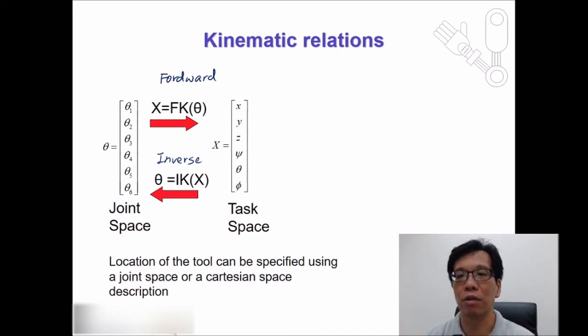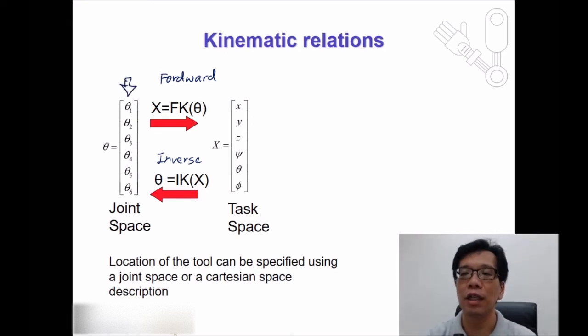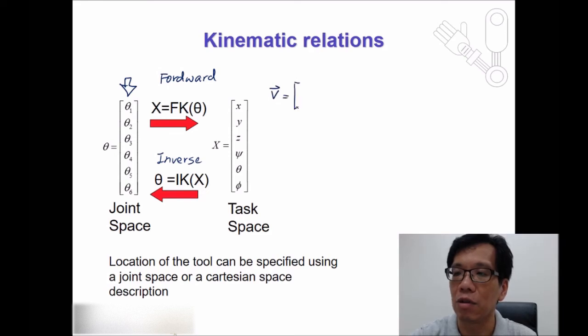Those are going to be the input information over here. The output is going to be the velocity in terms of x, y, z, psi, theta, and phi. So we have our V vector equals v, omega. Then we have the Jacobian in terms of q.